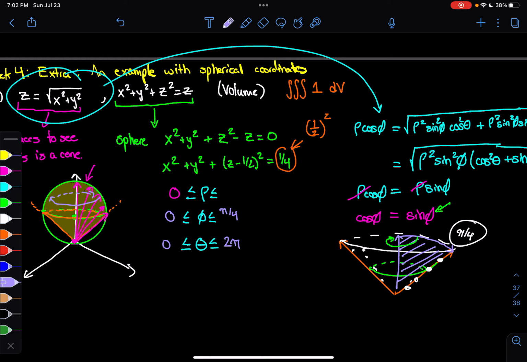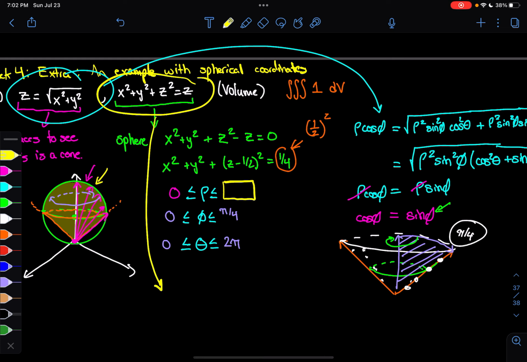So the only thing that's really left is to figure out what is our upper bound for rho. That's basically, how do I describe this sphere in terms of rho? So we move on now to our equation for this sphere, and we say, okay, x squared plus y squared plus z squared. In spherical coordinates, x squared plus y squared plus z squared has the wonderful property that it equals rho squared.